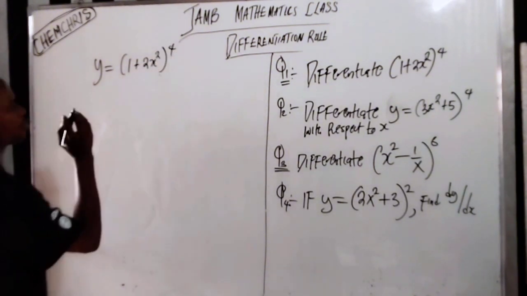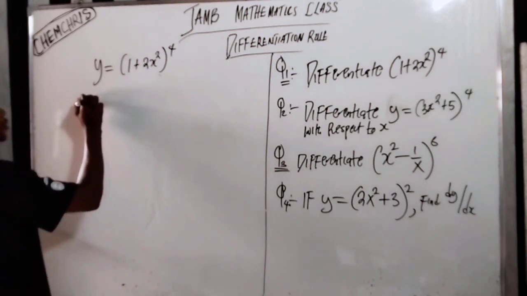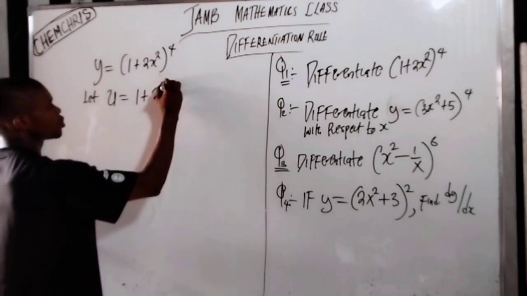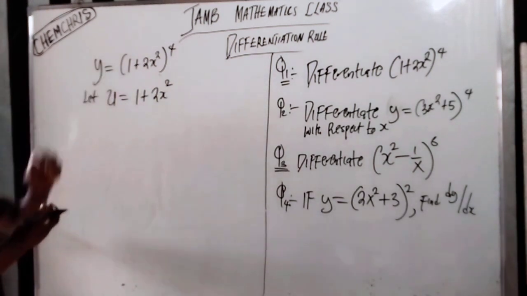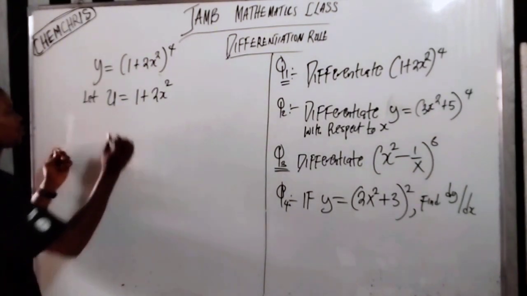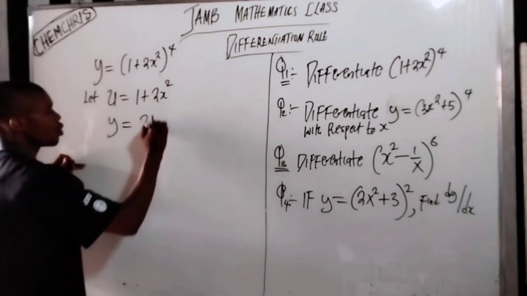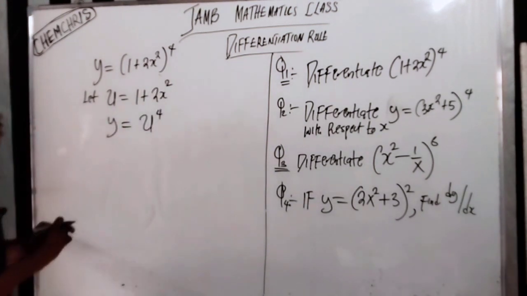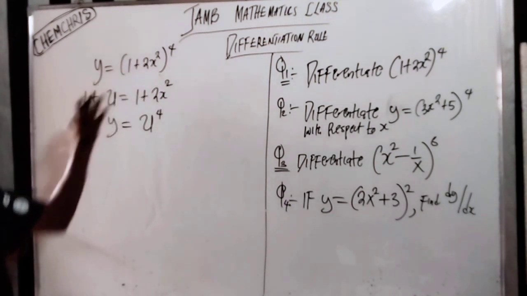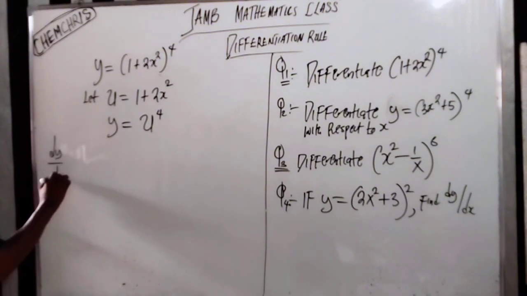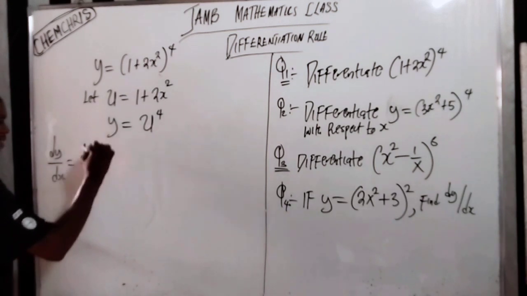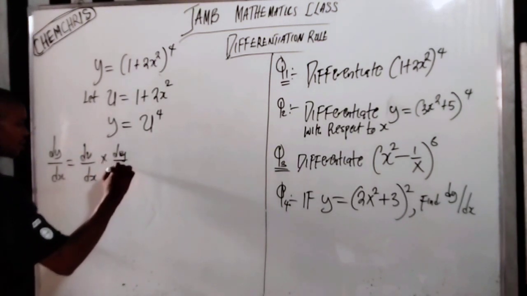Now remember, to differentiate it, we let u equal 1 plus 2x squared. So I can write the y expression as y equals u raised to 4. Now for dy over dx, this is the chain rule, and we are using dy over dx equals du over dx times dy over du.